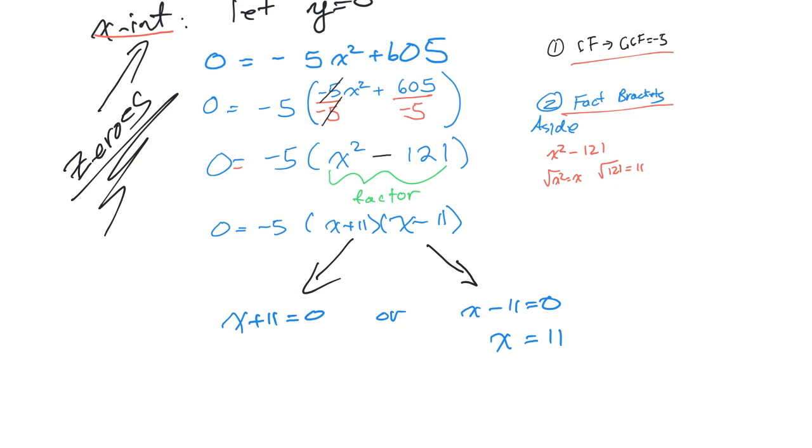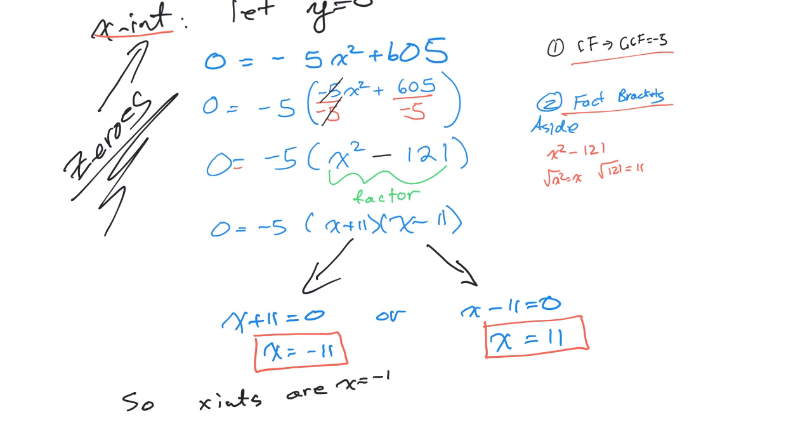So in this case, on the right side, x is equal to 11, and on the left side, you're going to get x is equal to minus 11. So the x-intercepts are x equals -11 and x equals +11. Wow, that's it. No biggie.